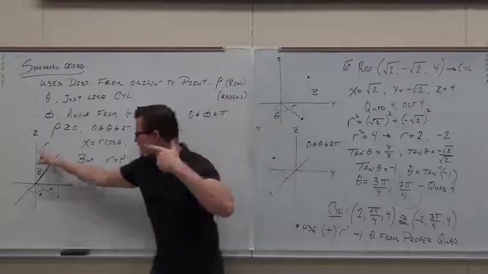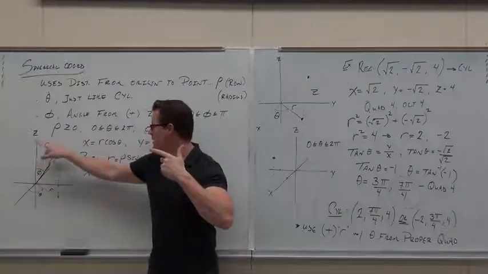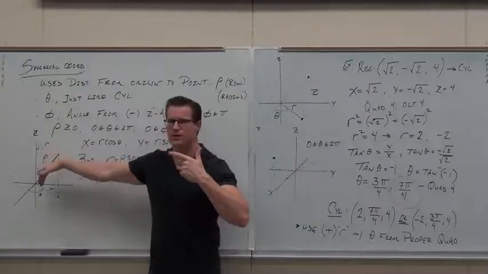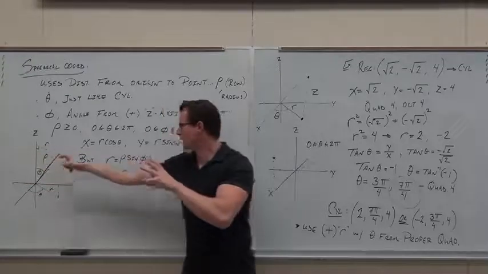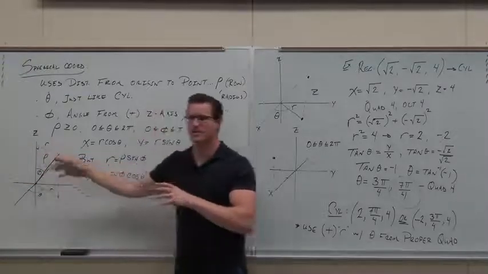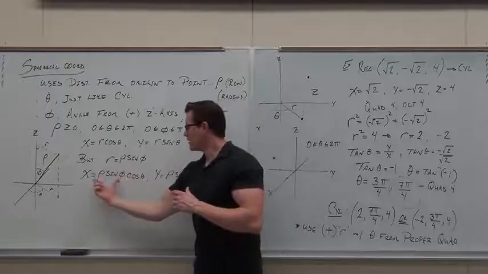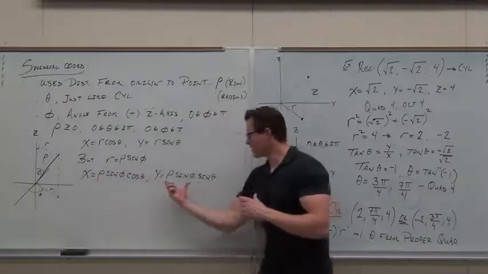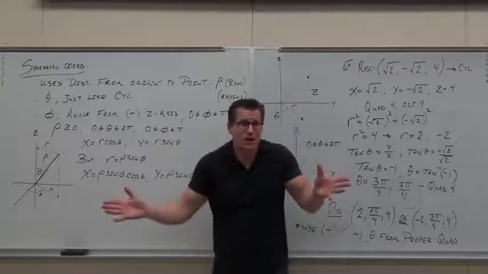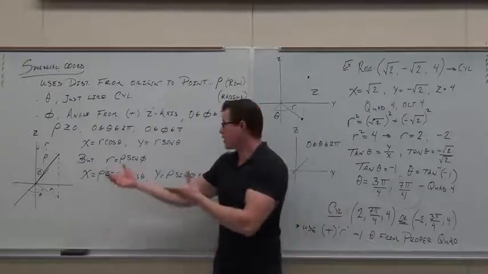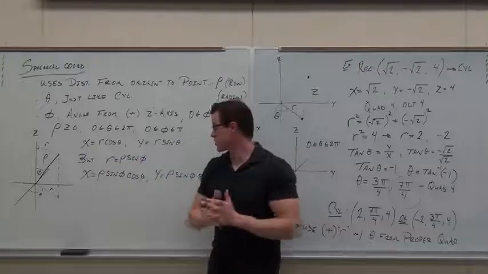Why? Because I have a picture of this in my head, and r is the opposite over hypotenuse. That gives me the r and the sine aspect of that. Does that make sense to you? So here we have r cosine theta and r sine theta. It's the same stuff. We now just defined what r is. It's rho sine theta. Sorry, rho sine phi.